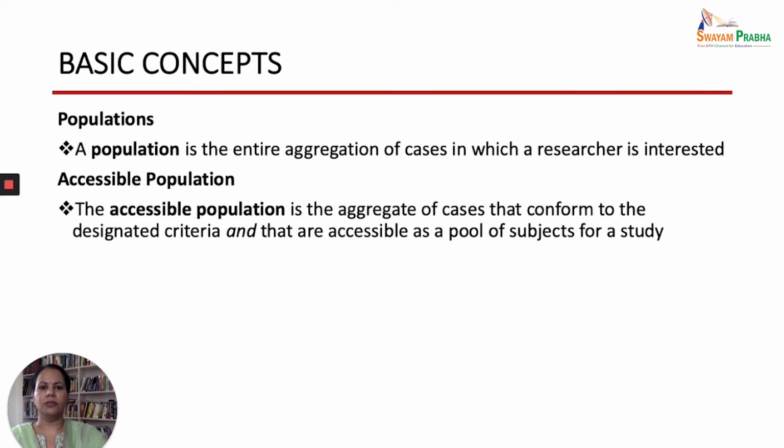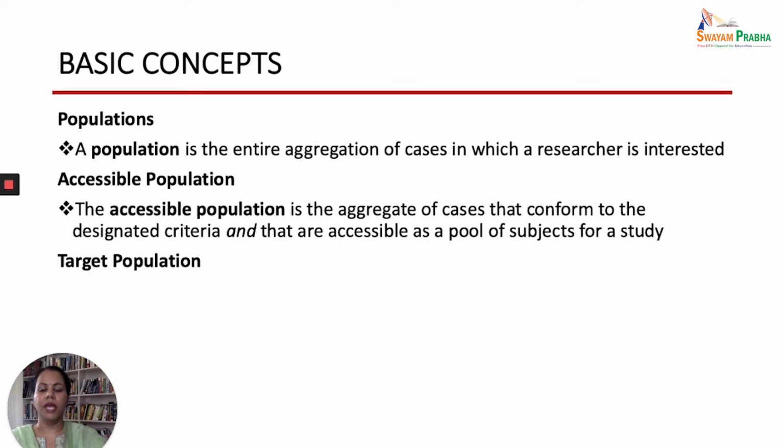So two things you need to remember when you will be understanding the concept of accessible population is that one is that the subjects should be accessible to you. Second should be that they should be as per your eligibility criteria which you have set for your research study.